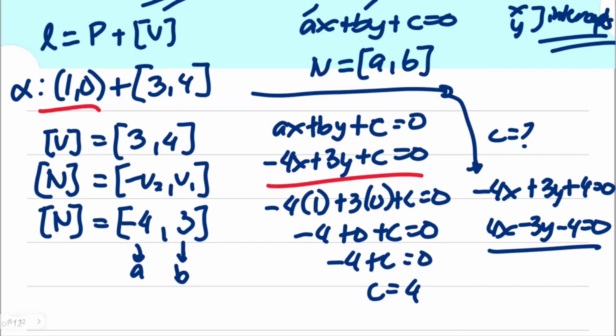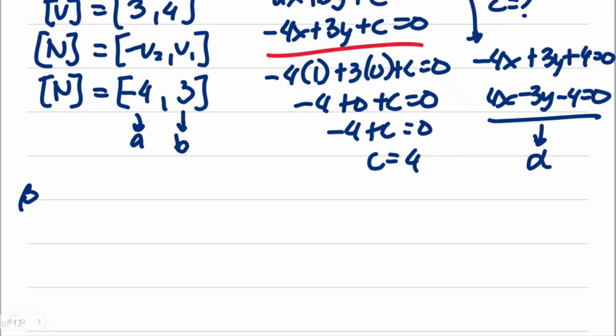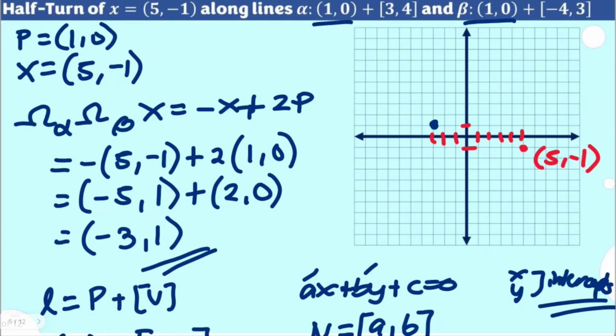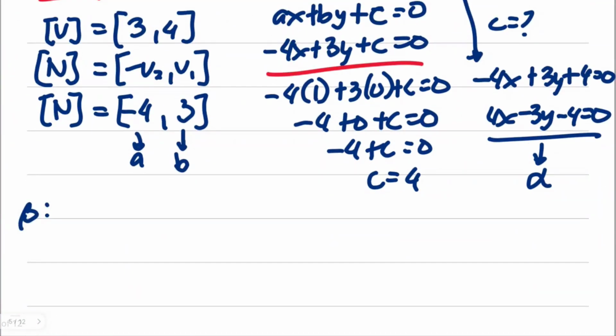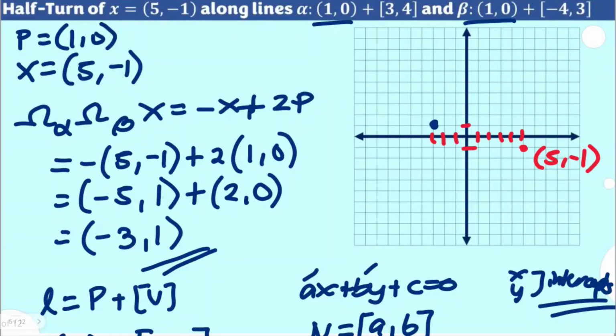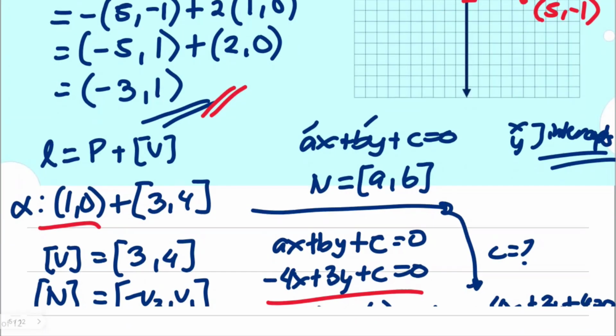This is for our alpha. Okay? Let's talk about it later, as we also need to come up with our B. If you don't need this process, you may skip because the first and foremost goal is already identified here. Okay? But I'm just trying to illustrate this so that we could really appreciate the picture of our graph.